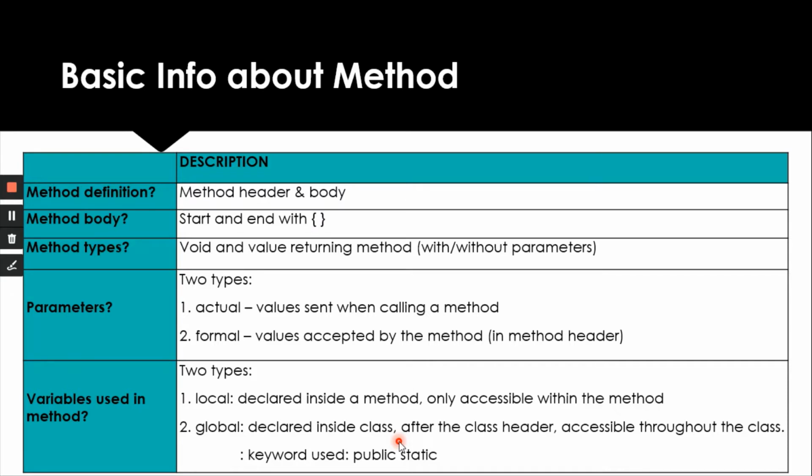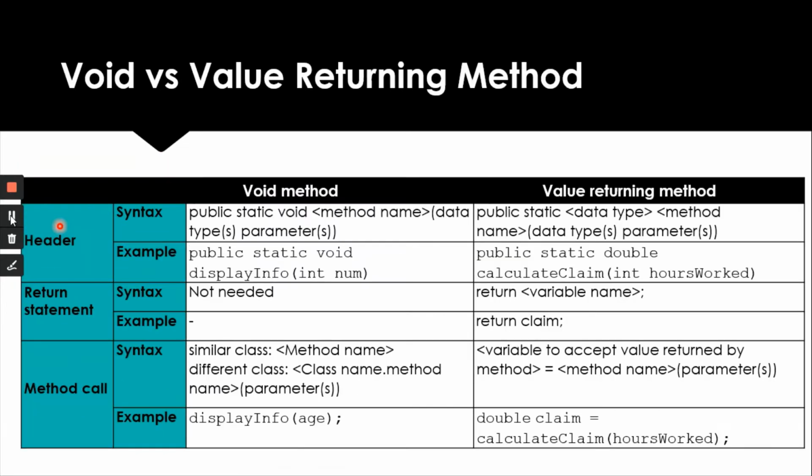We have seen a few examples earlier where you can declare a variable as static or global, then the whole class can access the value and you don't have to transfer the value between the methods. The usage depends on the design of your code and on your needs also. You have to be careful which one needs to be declared as global and which one doesn't. That is the introduction about method.